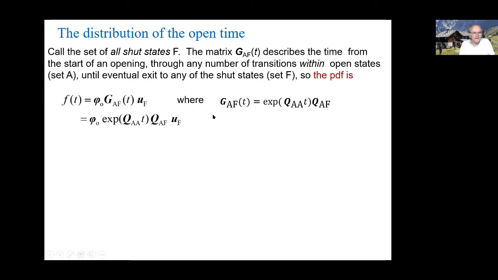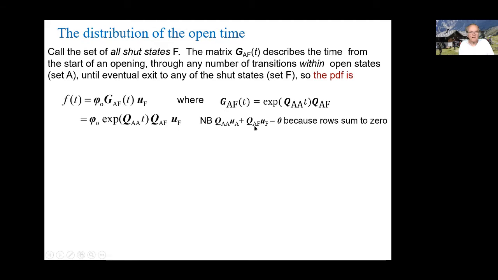You can write this in other ways. We've just asserted that G_AF of t is e to the QAA t QAF, so that's simply inserting that definition. Now we can get it into a slightly nicer form, a form which at least is more directly analogous to the scalar form. If we notice that because the rows of the Q matrix sum to 0, this must be true.